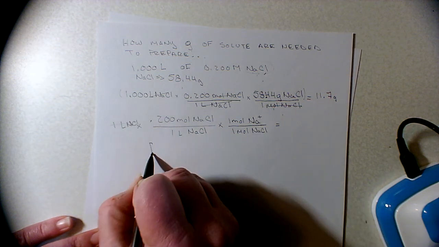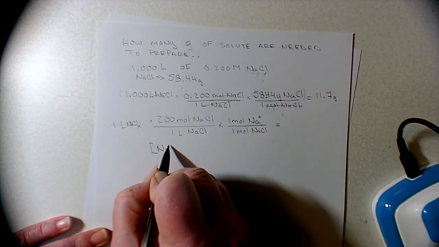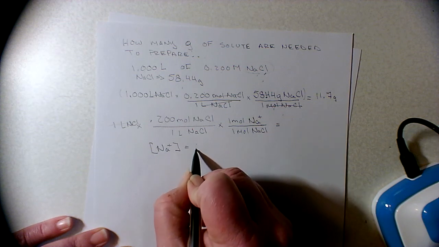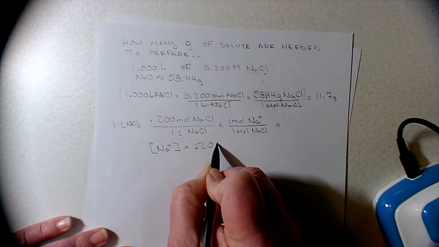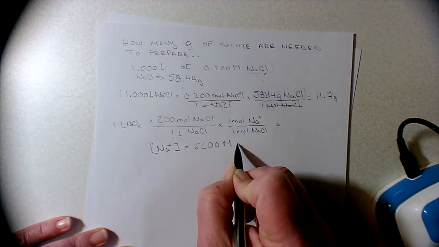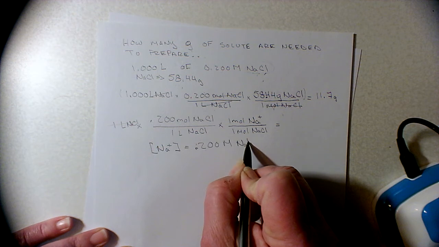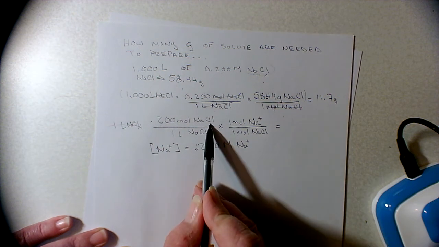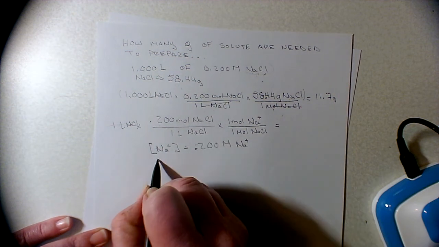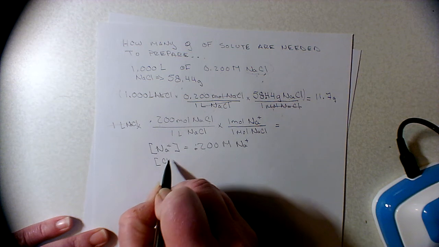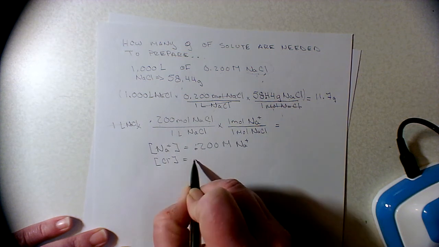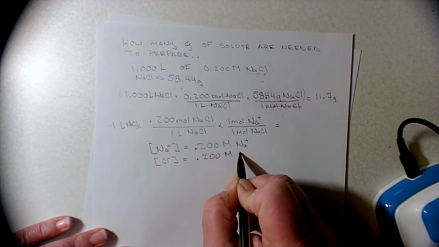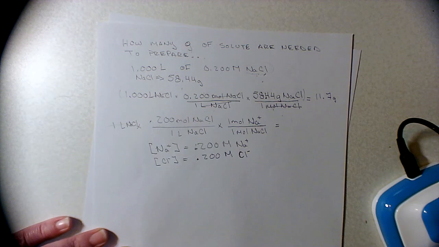So my concentration of Na+ is 0.200 molar Na+. Likewise for Cl, I only have 1 ion there, so the concentration of my chloride ions is the same, 0.200 molar Cl minus.